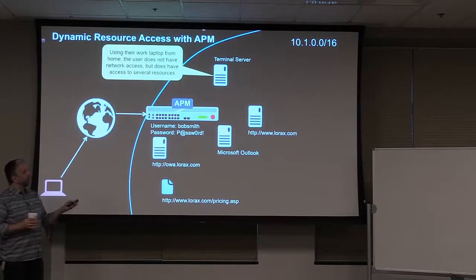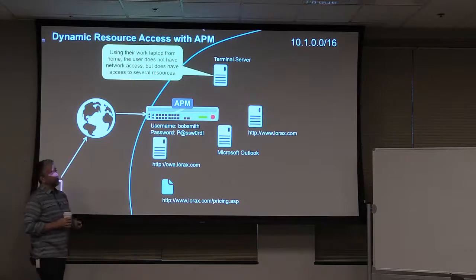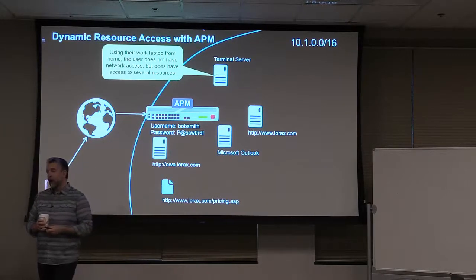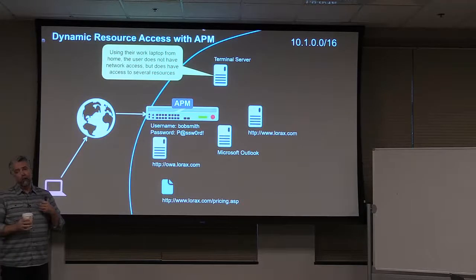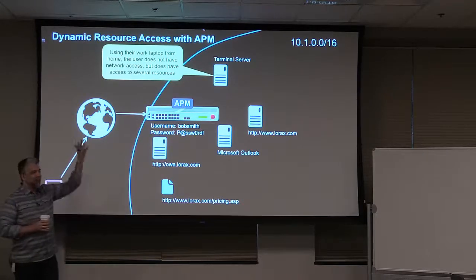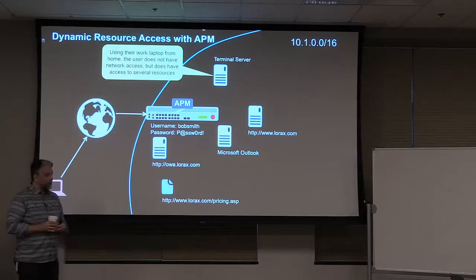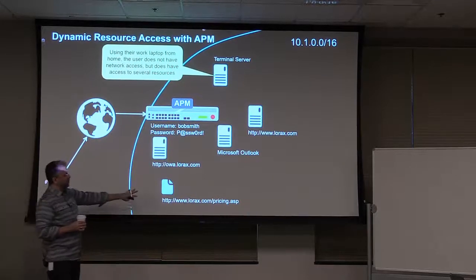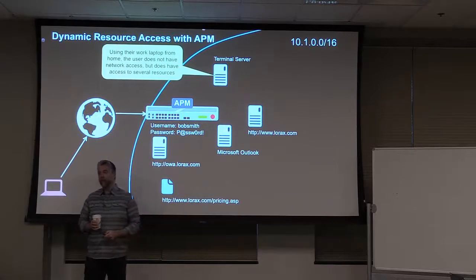I can't access client-server applications. I still have access to Outlook. Because I'm an administrator, or a part-time administrator, I can still log on to a couple of Windows servers through RDP, only through RDP, so I can manage them.